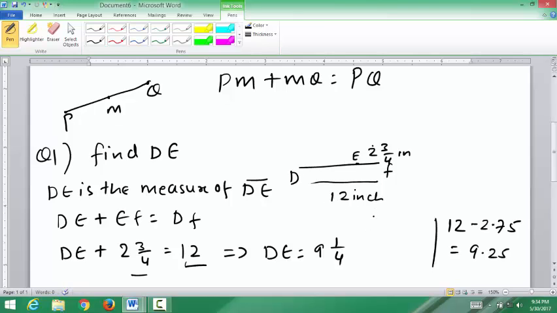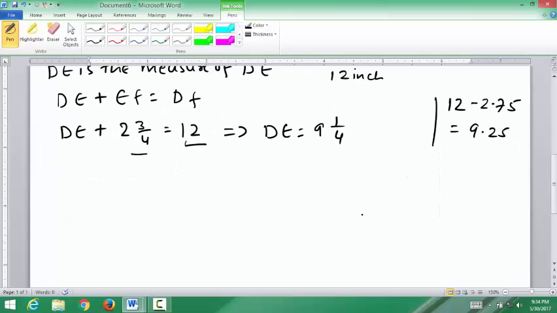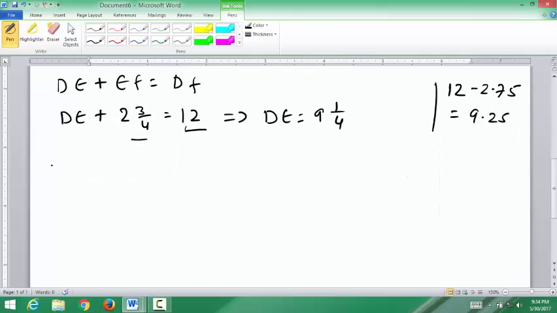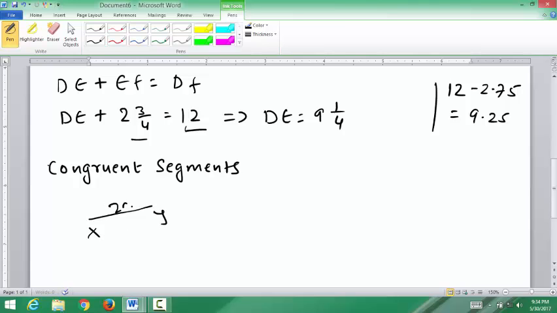Now we'll take congruent segments. Let's take the example XY, which is 2 centimeters, and TQ, which is also 2 centimeters.